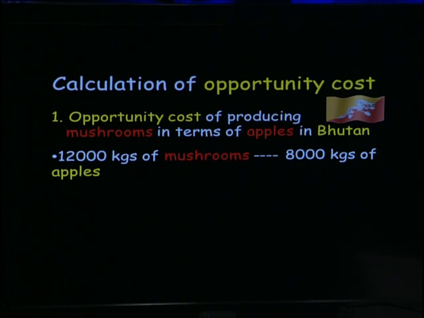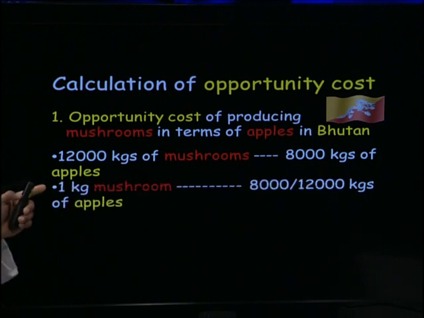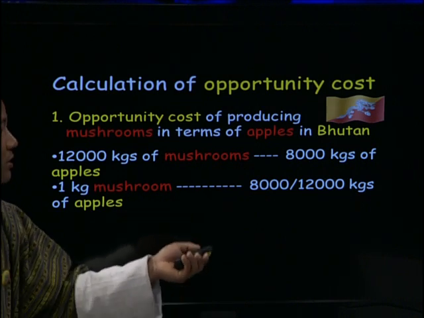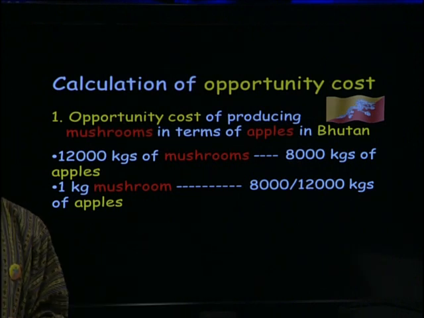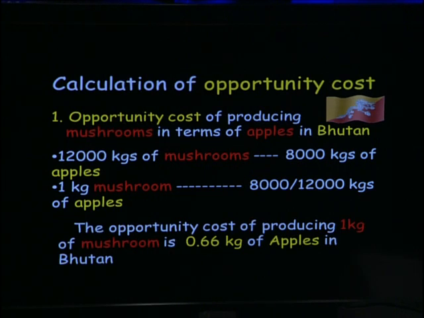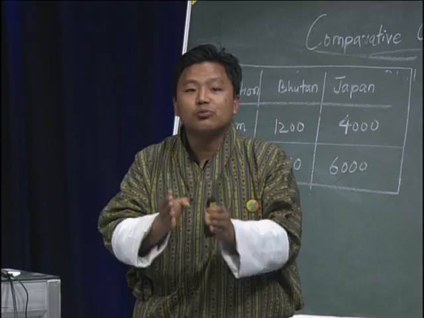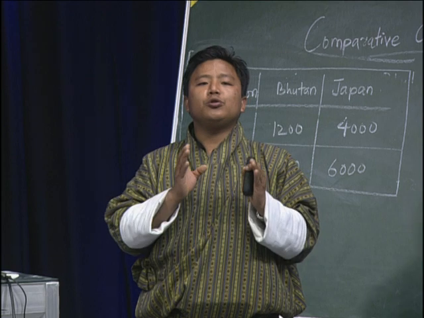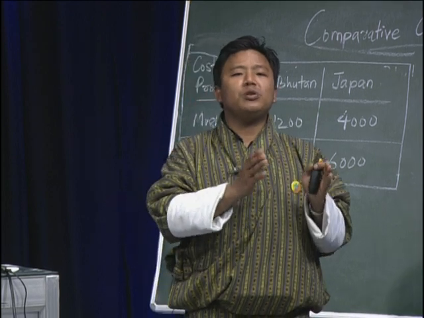And in order to produce 1 kg of mushroom, Bhutan has to sacrifice how much? So the calculation should be 8,000 divided by 12,000 kg. Therefore, we get the answer: the opportunity cost of producing 1 kg of mushroom is 0.66 kg of apples in terms of Bhutan. Now we are done with the calculations of opportunity cost of producing mushroom in Bhutan.